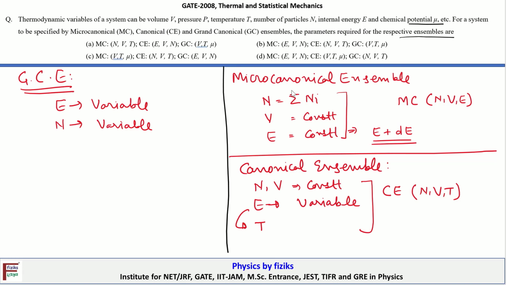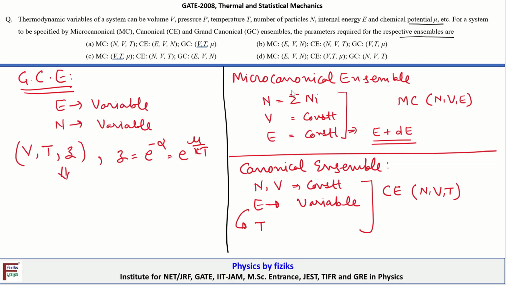But the description of the grand canonical ensemble is carried out by three other parameters: one is the total volume of the system, then the temperature of the system, and another quantity that we call the fugacity, denoted by Z. Z is connected with another quantity of interest, the chemical potential: Z equals exponential minus alpha, which equals exponential mu by kT, where mu is the chemical potential.